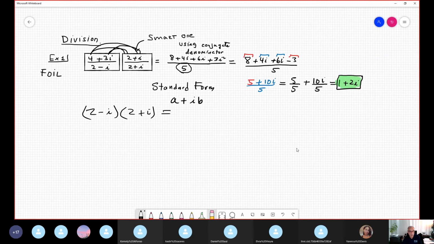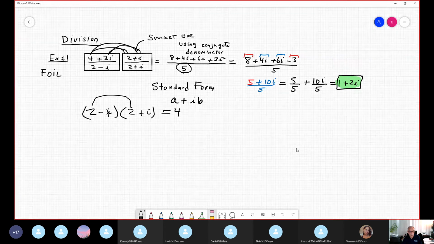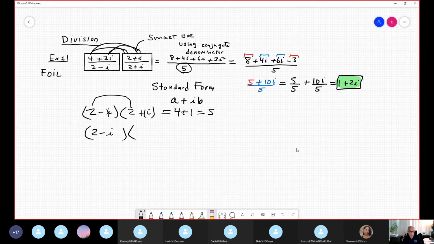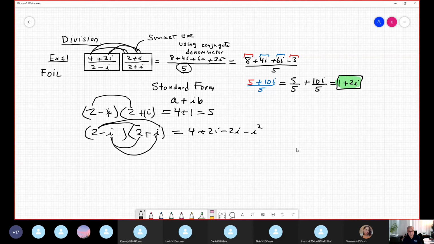We can do the shortcut: multiply 2 times 2 to get 4, and 1 times 1 is 1, to get 5. Or, as explained the previous time, you FOIL. 2 times 2 is 4, 2 times i is 2i, negative i times 2 is minus 2i, and this is minus i squared.